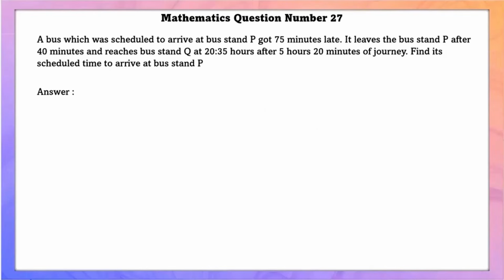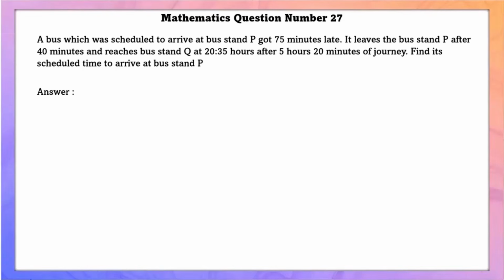Mathematics question number 27. A bus which was scheduled to arrive at bus stand P got 75 minutes late. It leaves the bus stand P after 40 minutes and reaches bus stand Q at 20:35 hours after 5 hours 20 minutes of journey.